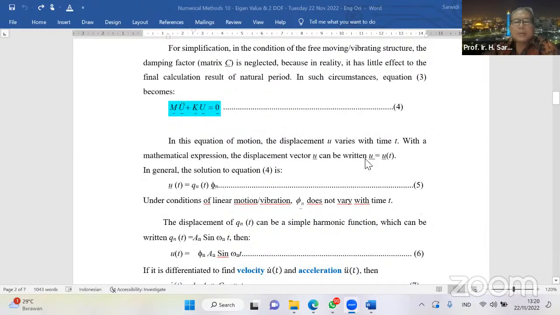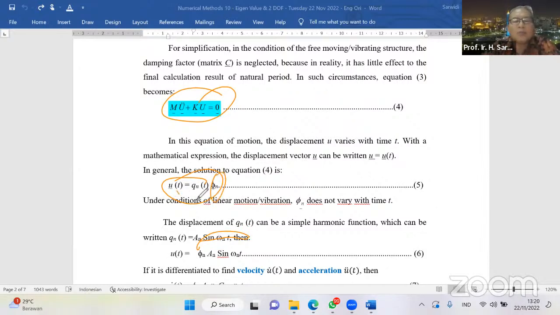Okay, and in this case we have a differential equation. The general solution of such an equation is a function of sine.